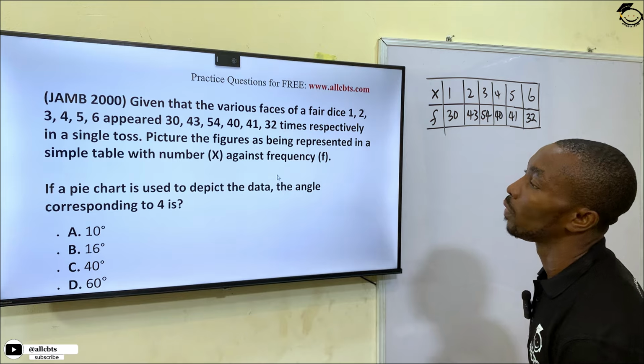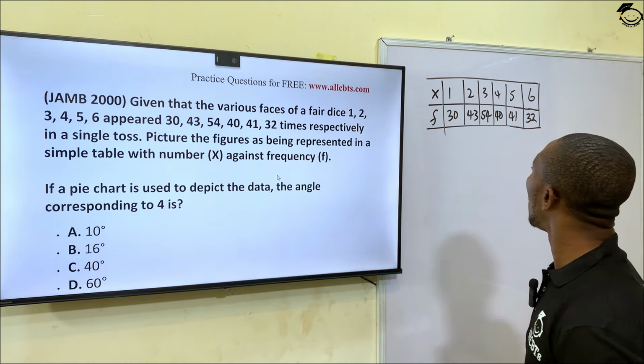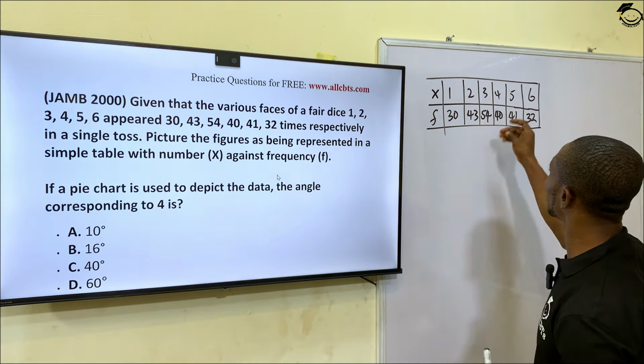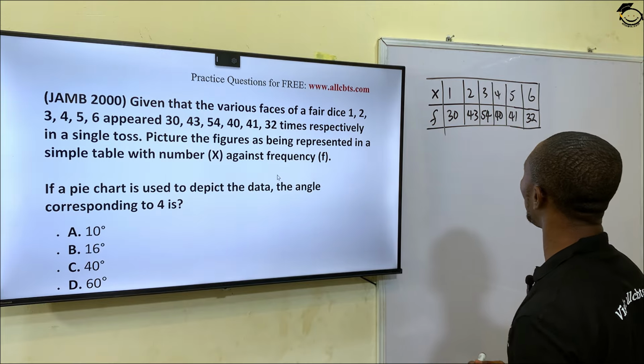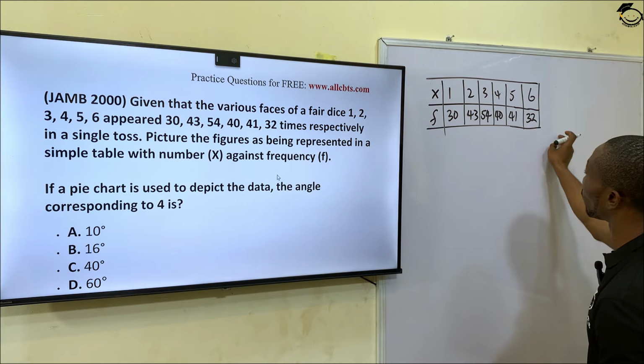All right, now they're asking us if this is represented on a pie chart, what would be the degree of obtaining a 4? For us to find the degree of obtaining a 4, we have to add the total sum of our frequencies.